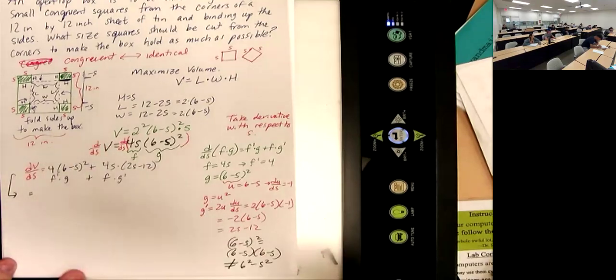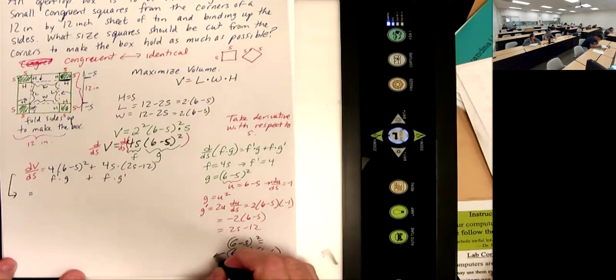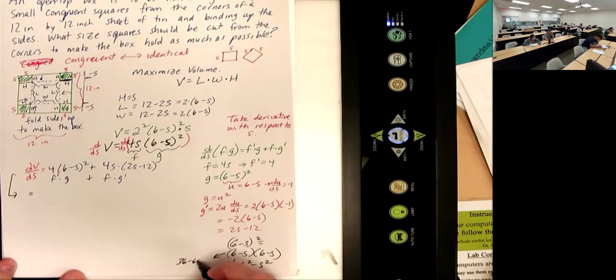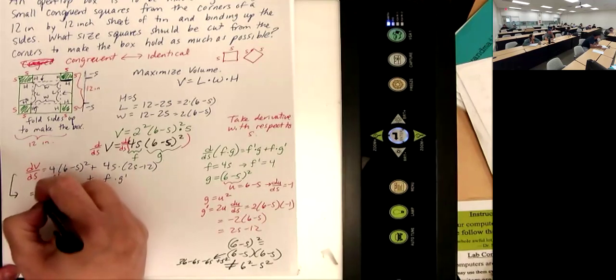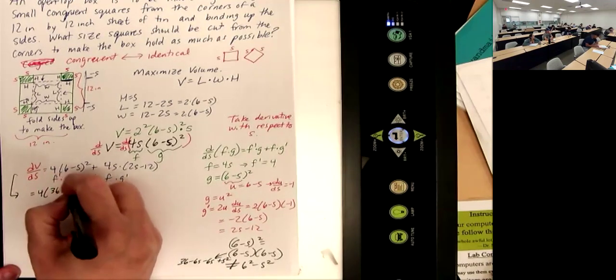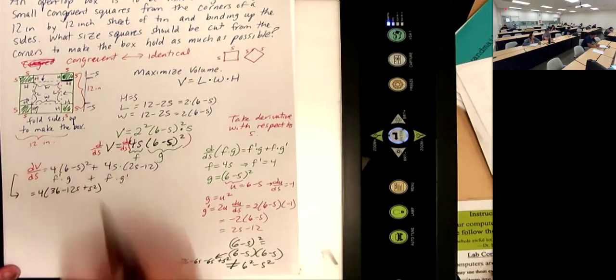So if I did 6 minus s times 6 minus s, I have 36 minus 6s minus 6s plus s squared. That is 36 minus 12s plus s squared.